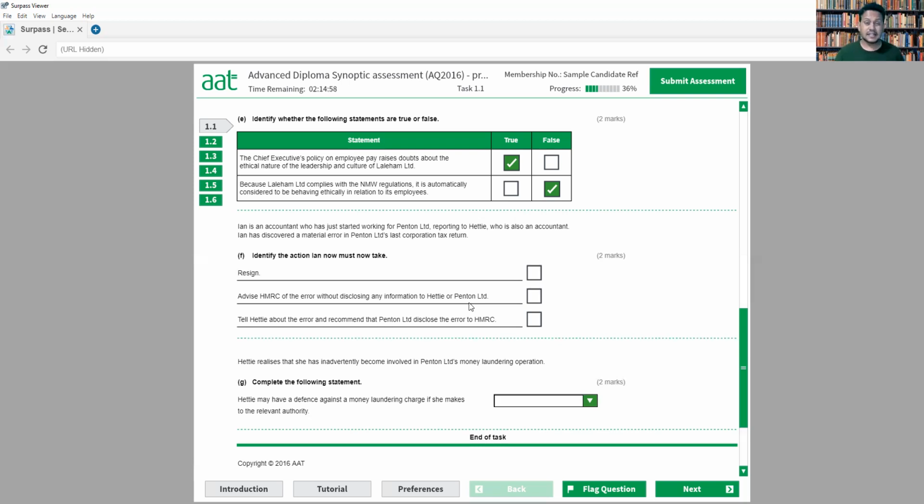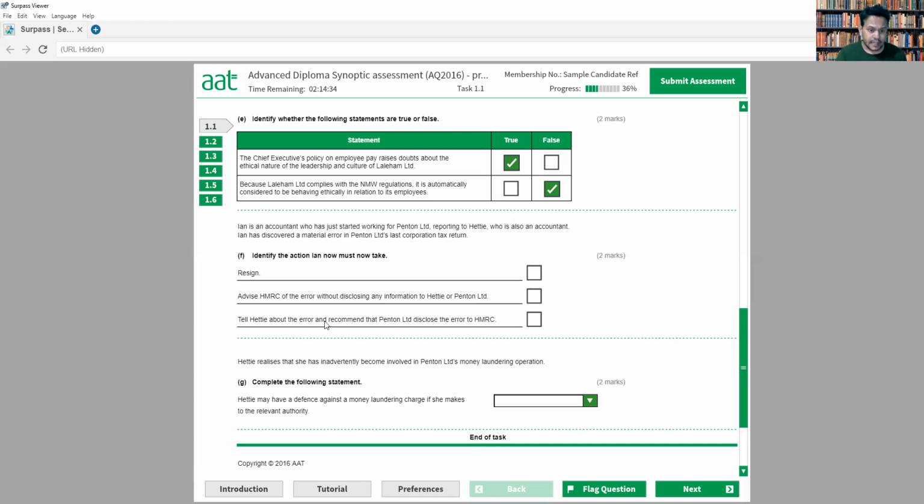You don't tell HMRC directly without consulting your company, because maybe they have no idea about this error. Maybe when you tell them, they will fix the error. So you first go to the company, then to HMRC.